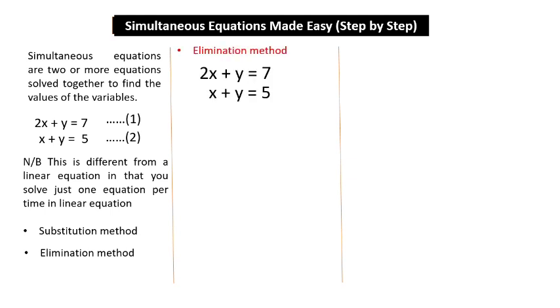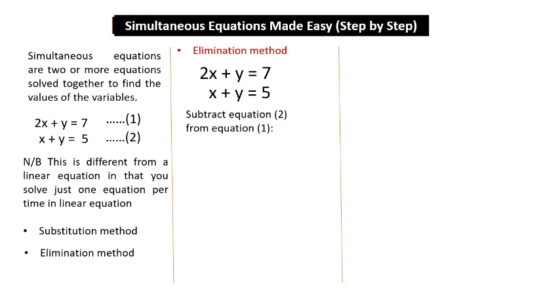This is our equation again, equation 1 and equation 2. When you have simultaneous equations like this, what you are meant to do is subtract one equation from the other. In this case, we're going to subtract equation 2 from equation 1. We subtract the left side of the equations from each other, and then the right side of the equations from each other.